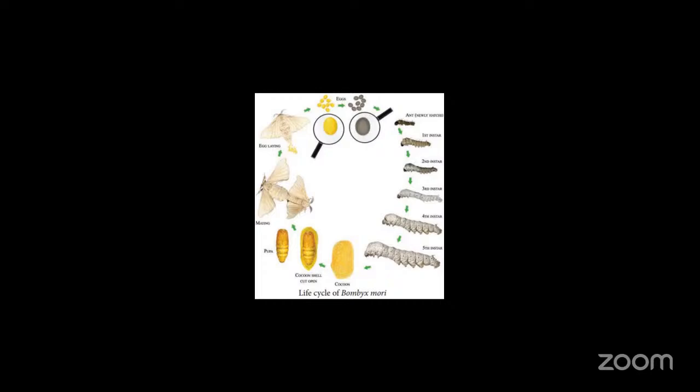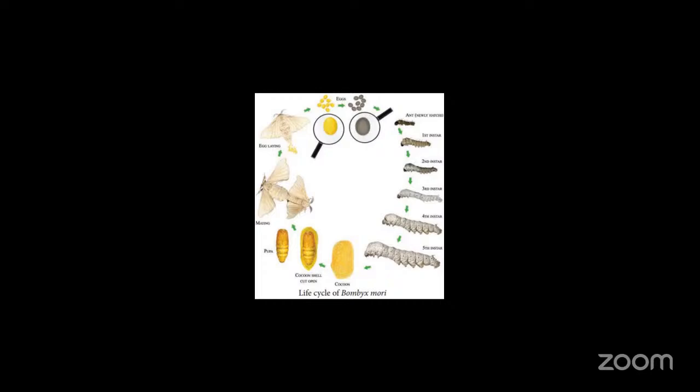These are the plants on which this particular silkworm feeds. The name itself indicates that mulberry silkworm feeds only on mulberry plants, not other plants.